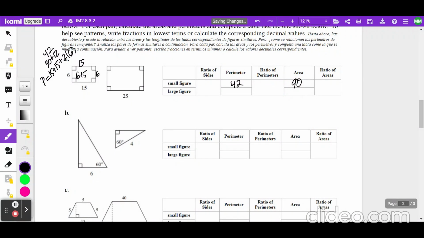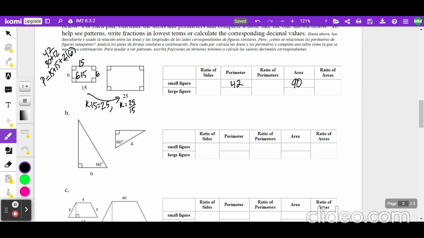Okay. The large figure, assuming that these are similar, which we're told they are, I need to find the scale factor. K times 15 equals 25. And the scale factor K is 25 over 15. That's the same as the ratio of sides.